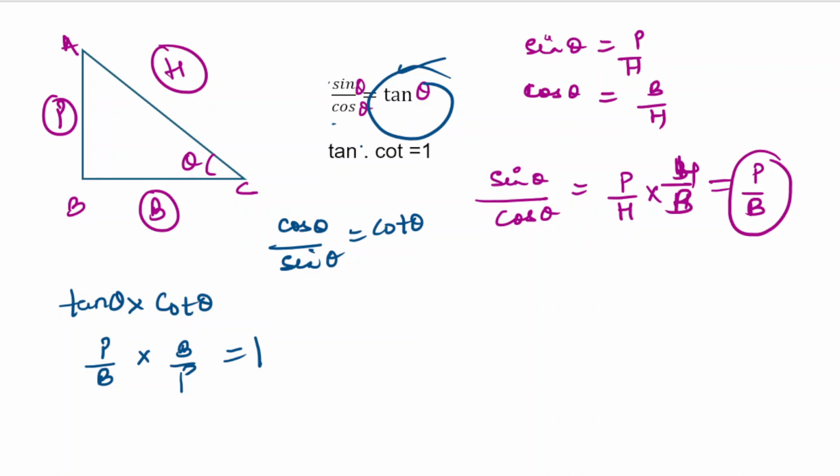So tan theta into cot theta is equal to 1. This is the basic relationship between the sides and angles of a right angle triangle with respect to an acute angle. This is just the introduction to trigonometry.